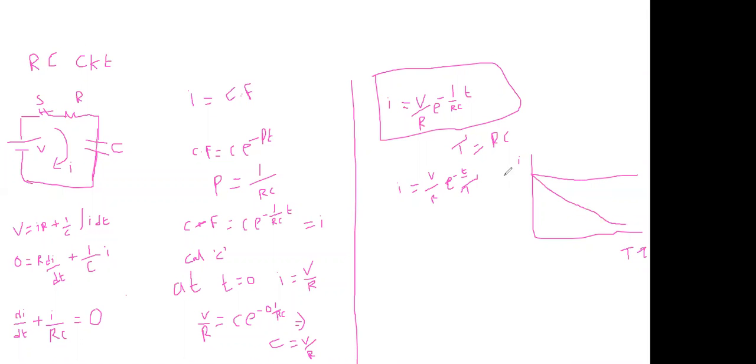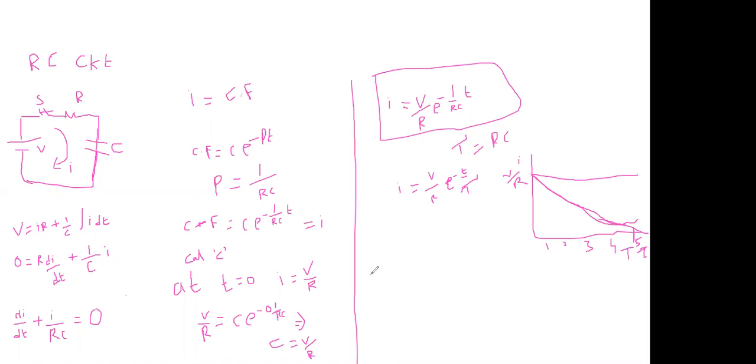Initially at t equal to 0, the value is V by R. Then it goes on decreasing exponentially. After a certain time, about 5 time constants, 1, 2, 3, 4, 5, the value reaches 0. See the graph of time constant versus current.